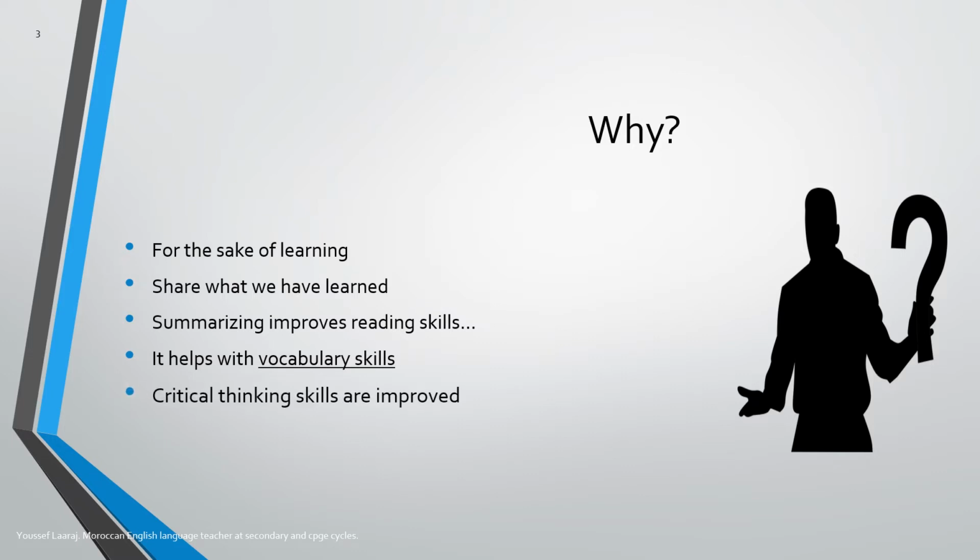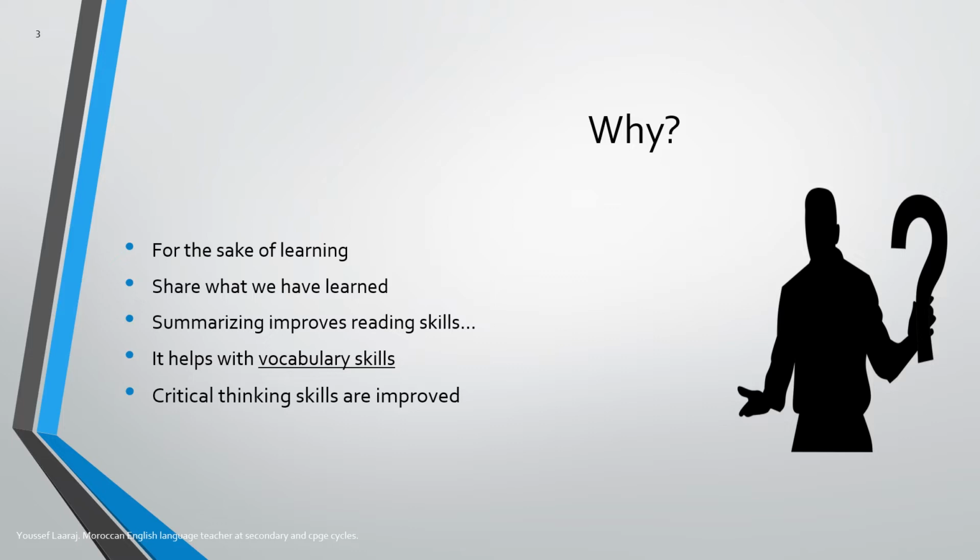Summarizing also enhances and improves our critical thinking skills. The main mechanism which develops critical thinking is when you're trying to distinguish and decide which information is major and which information is a detail and subordinate.